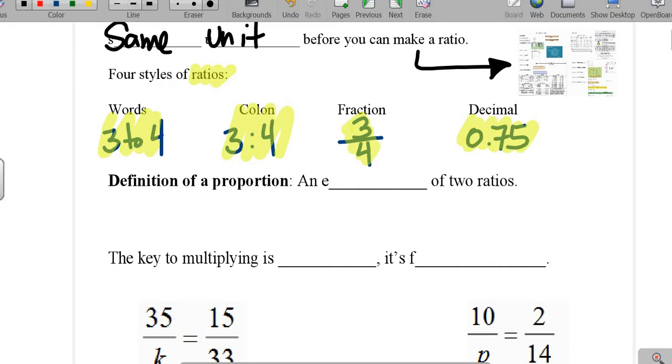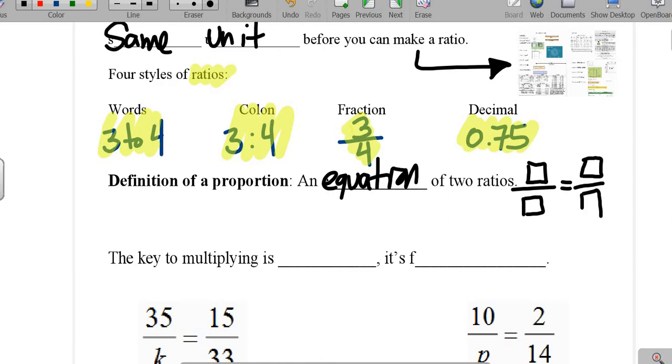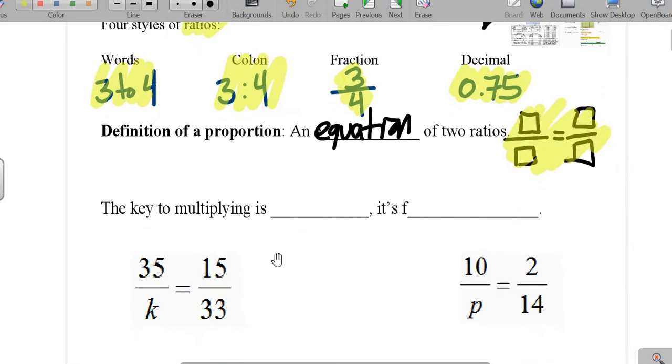A proportion is an equation of 2 ratios. So if all I have is a fraction, that's a ratio. If I have something like this, that whole thing is a proportion.